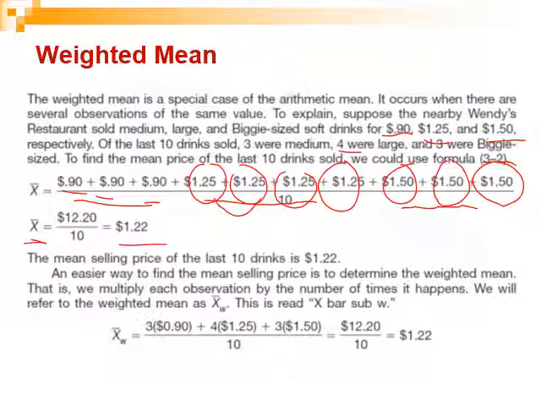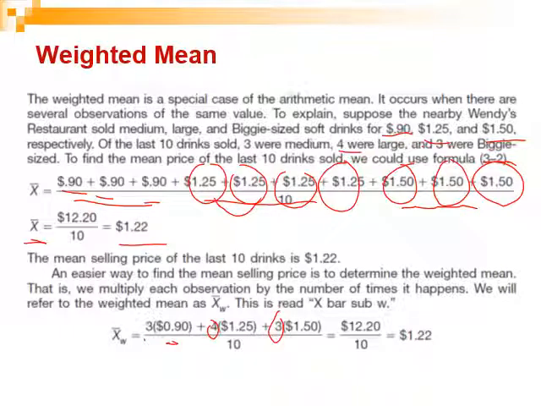equal to 1.22. But it's easier to find the mean selling price by determining the weighted mean, that is, multiplying each observation by the number of times it happens. The 0.9 happens 3 times, so we multiply 3 by 0.9, and 1.25 happened 4 times, so we multiply 4 by 1.25, and 1.5 happened 3 times, so we multiply 3 by 1.5.